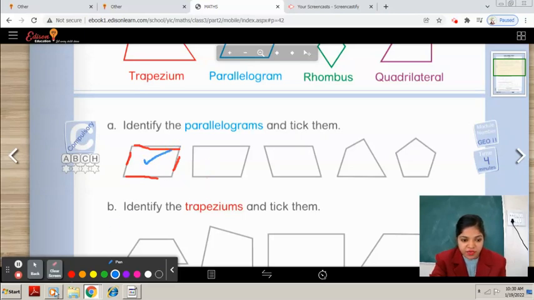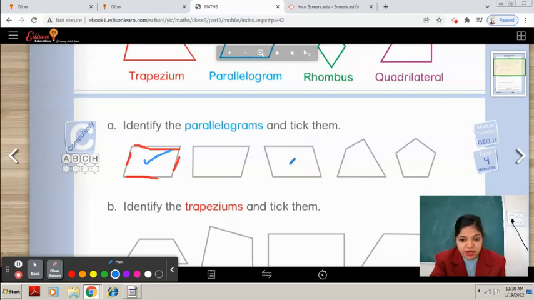Now see the second figure. You can see this line is parallel to this line, but this line is not parallel to this line. So it is not a parallelogram. Now see the third. This line is parallel to this line, right? And this line is parallel to this line.